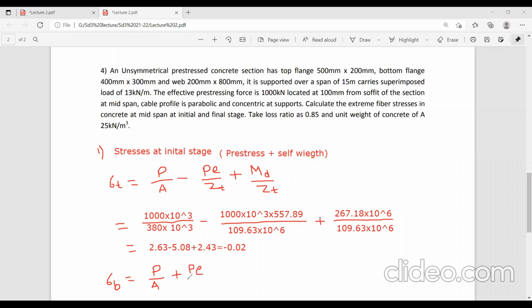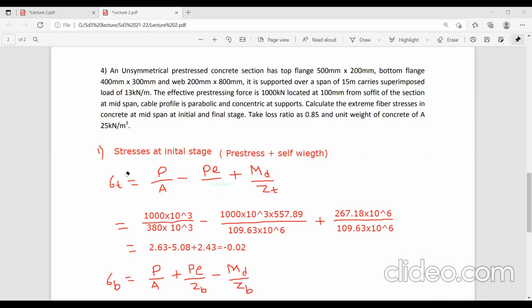Here we use ZB, section modulus at the bottom, because the section is unsymmetrical. Then minus, due to self weight of beam at the bottom, it is in tension. Which type of bend occurs due to self weight? Sagging type bend occurs. So divided by ZB.